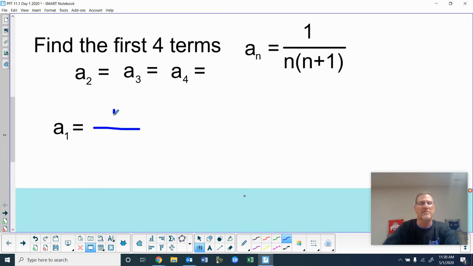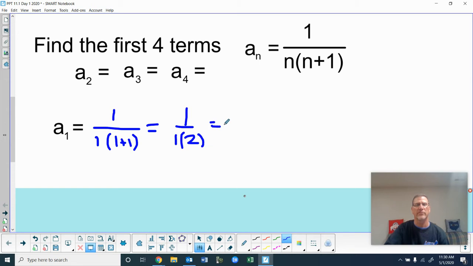The 1 on the top is always there because of the rule, and I put a 1 in for n because I'm looking for the first term. So my numerator stays 1, and then it's 1 times 2, since 1 plus 1 is 2. The first term of this sequence would be 1/2.